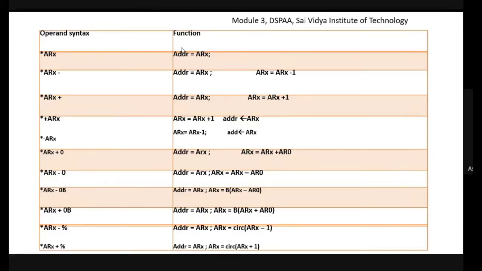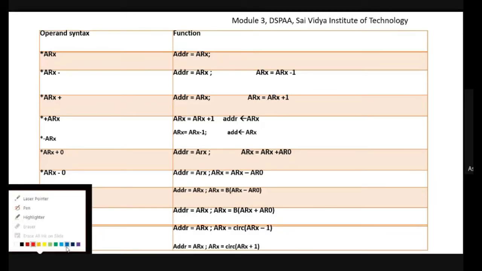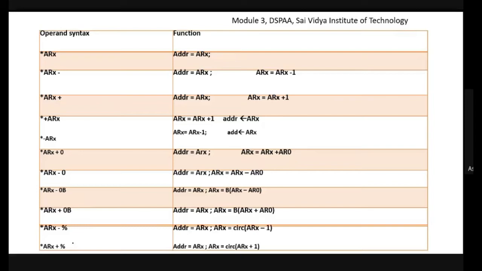In this indirect addressing mode, if only *ARx is there, the address is equal to the ARx register itself. For *ARx-, since it is post-decrement, ARx is used as the address, the specified register mentioned in the instruction, and then it is decremented later.